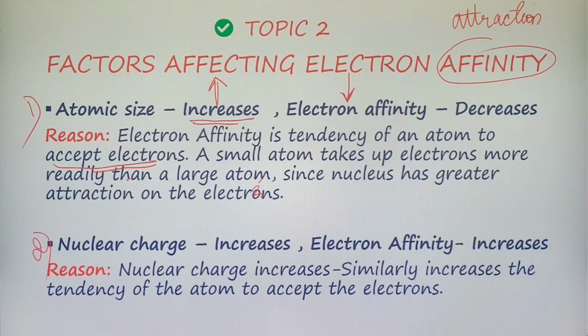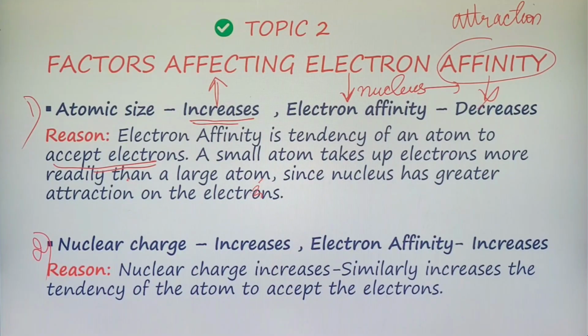The smaller the atom, the more strongly the nucleus will be able to attract. But as the atomic size keeps on increasing, the nucleus is not able to attract it that well. So what happens to the electron affinity, children? The electron affinity will decrease here.